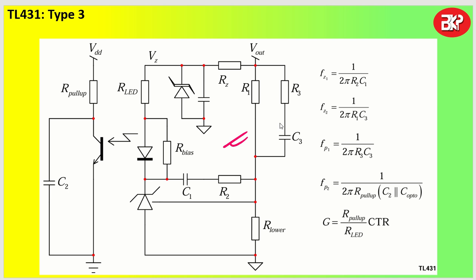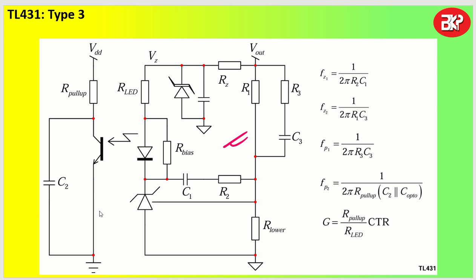What we will do is follow the very simple one which we had seen first: just R1 and R lower, with R bias, one capacitor and R LED. That's all. With this we will be able to design our complete feedback circuit using our optocoupler and TL431. The complex thing we will not try to get into now.